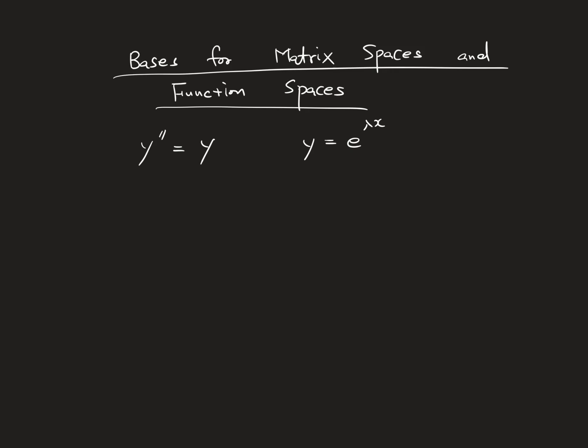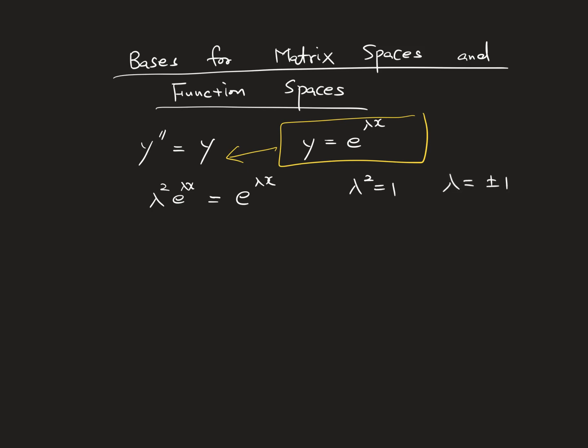That's why this is a guess of the solution. Then we plug in and get lambda squared e to the lambda x is e to the lambda x. So we have lambda squared equal to 1, so lambda is plus or minus 1. So e to the x and e to the minus x are a basis of the solution space.